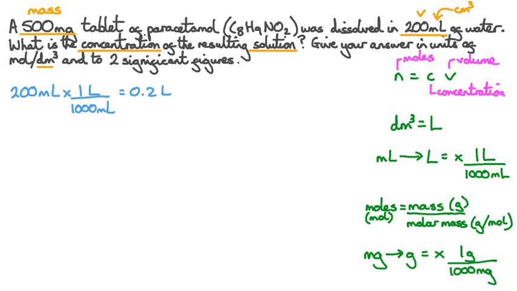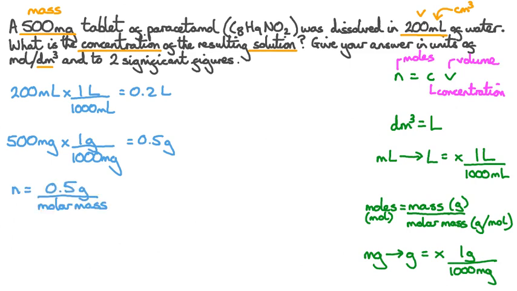Converting from milligrams to grams is very similar to converting millilitres to litres, in that we multiply by 1 gram divided by 1,000 milligrams. So converting 500 milligrams into grams, we multiply by 1 gram per 1,000 milligrams, leaving us with 0.5 grams.